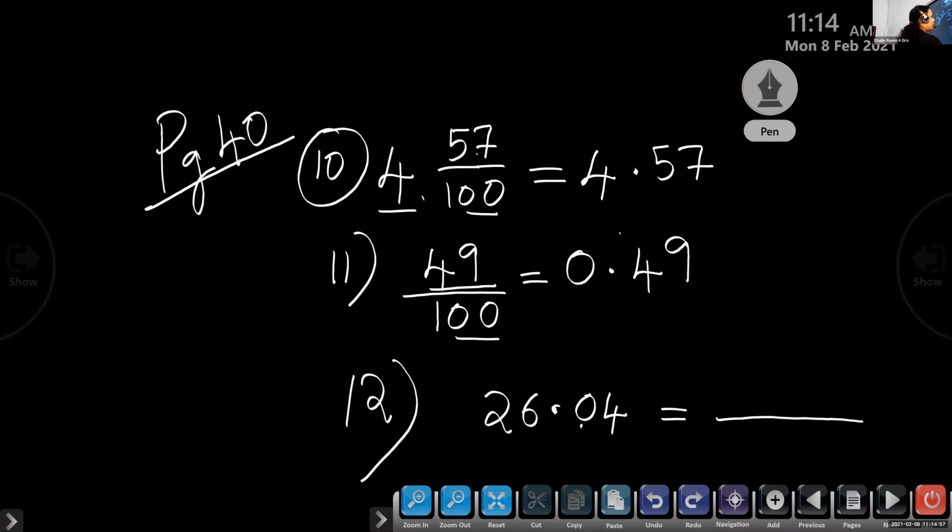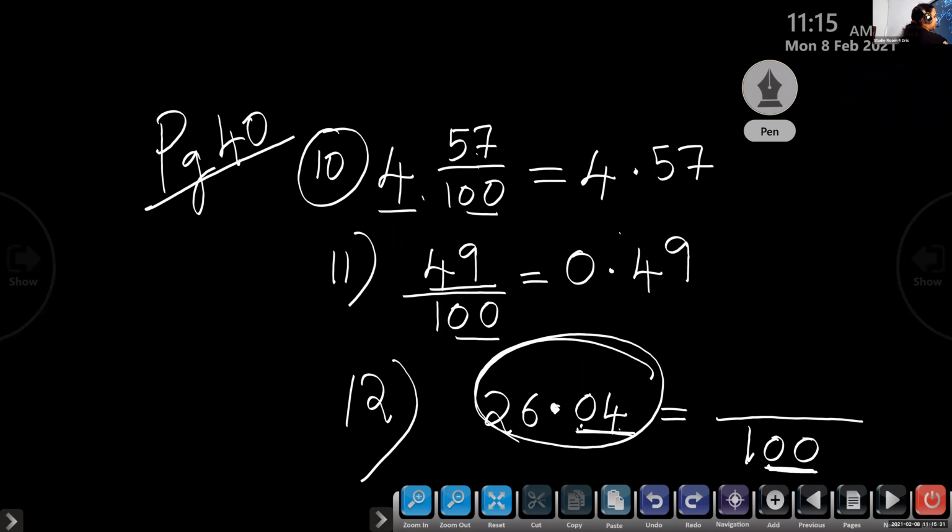In the decimal part, how many places? 2. So divide by which number? 100. All the children, please listen carefully. Here, after the decimal point, we have 2 places. So in the denominator also, after 1, how many zeros? 2 zeros.